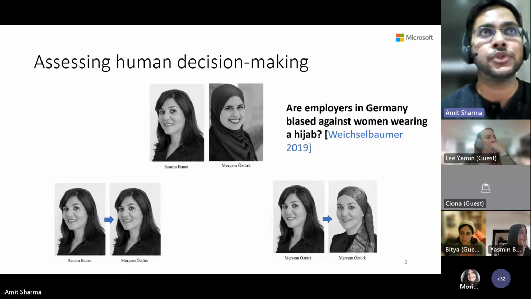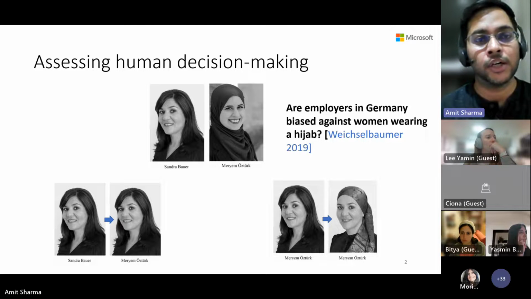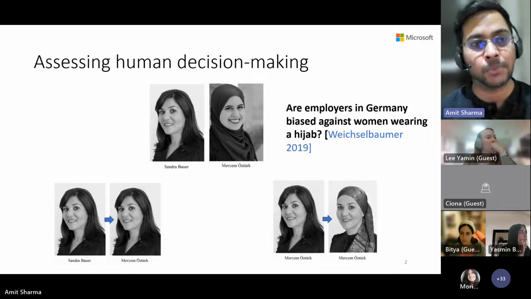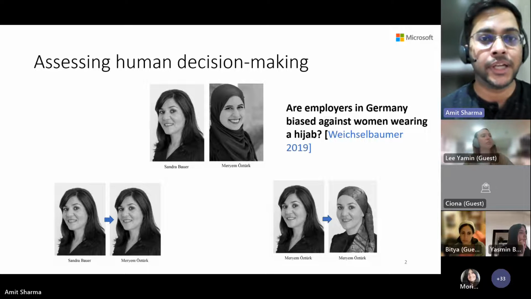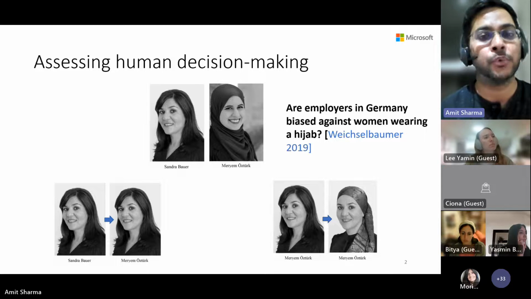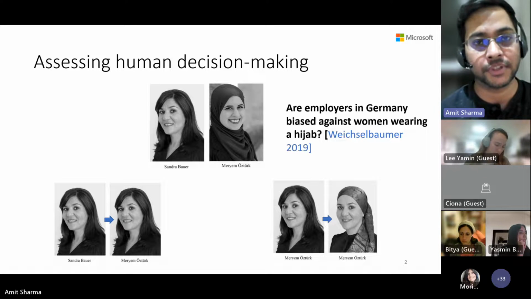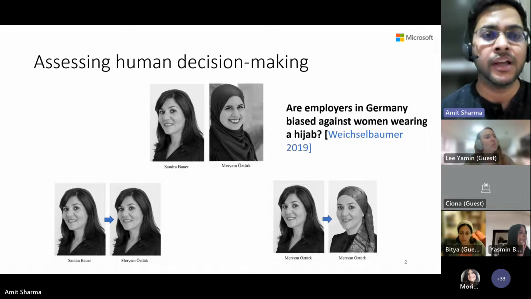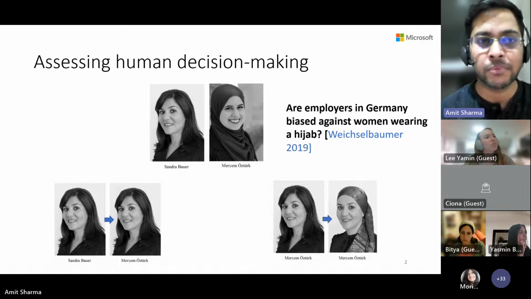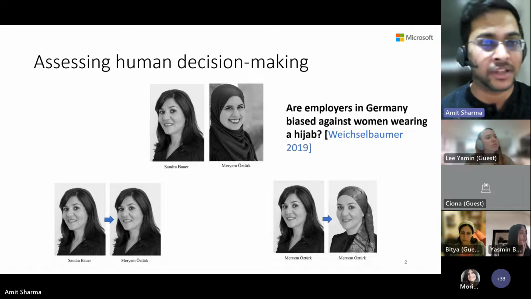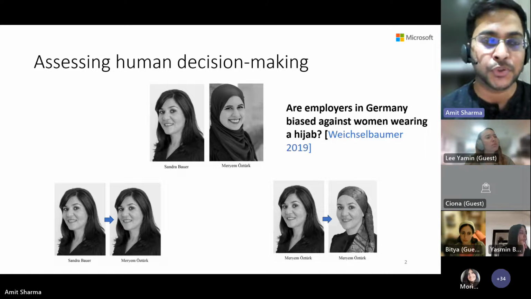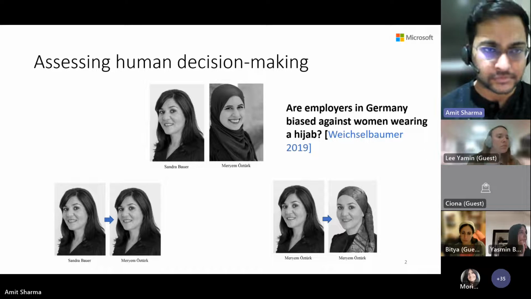Typically, if you just look at job applications and see how many people apply and how many get a response, it's really hard to figure out whether it was because of someone wearing a hijab. Interestingly, in Germany you are supposed to add your photo to your resume, and that's why they were able to look at this question.